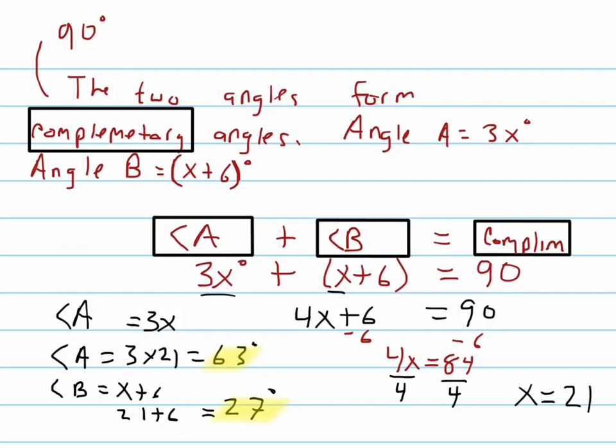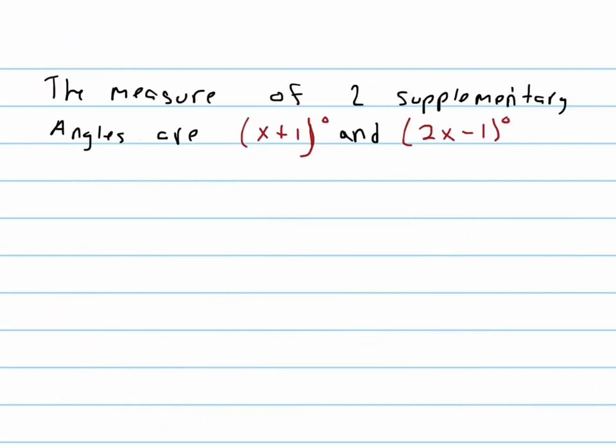Alright, we got one more step. So, again, find the measure of two supplementary angles that are x plus 1 degrees and 2x minus 1 degrees. Find them.